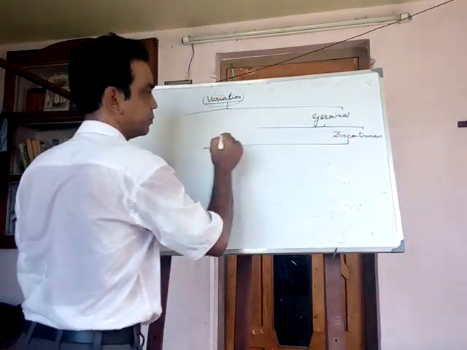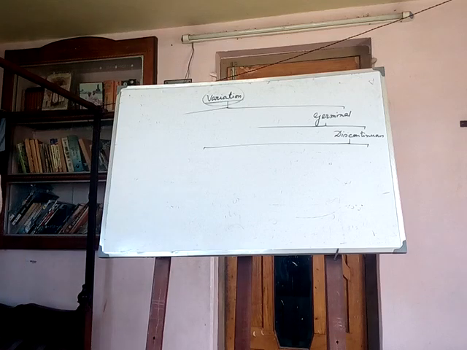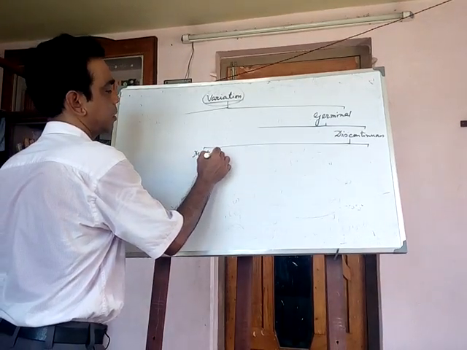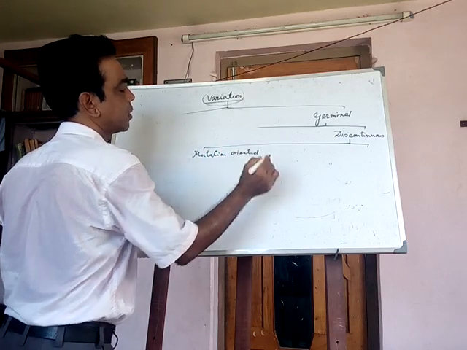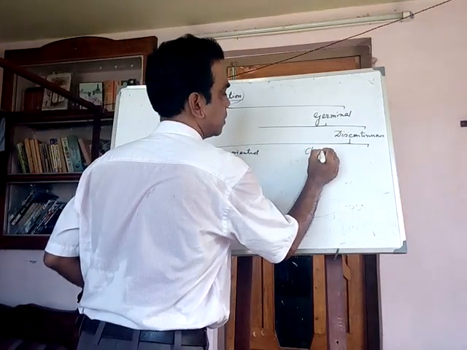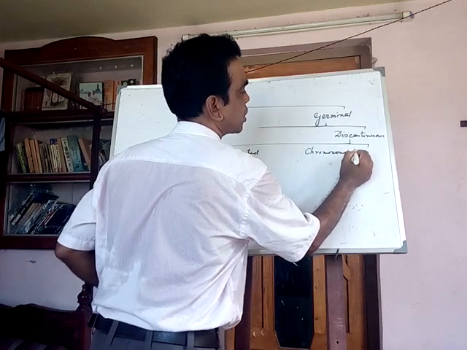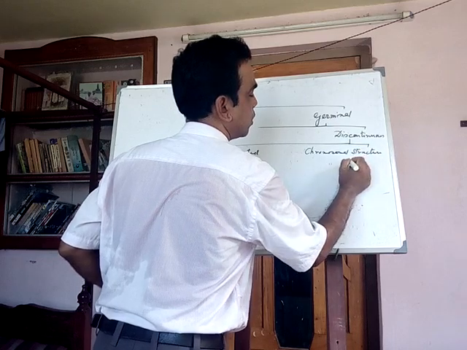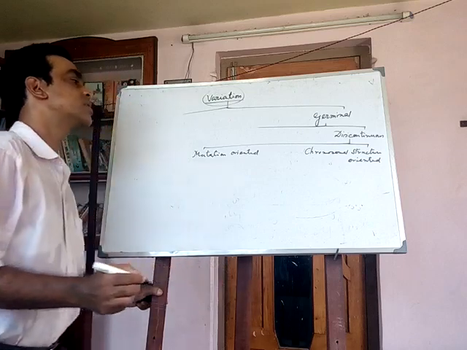Discontinuous germinal variations are of two types. One is mutation oriented and the other is chromosomal structure oriented. What is mutation oriented?